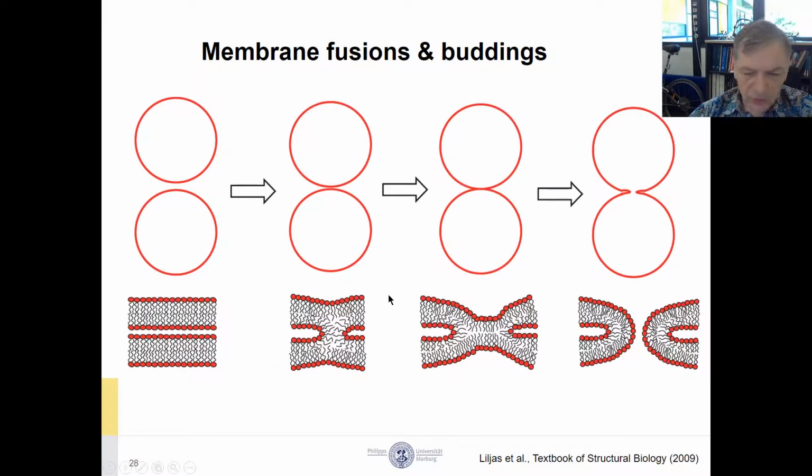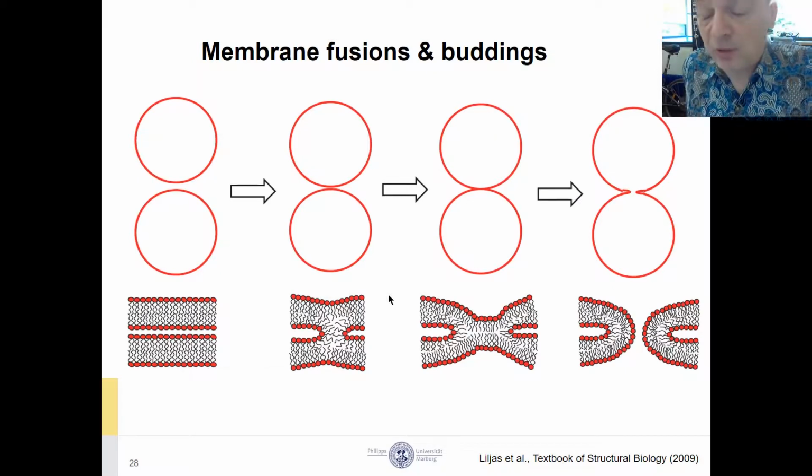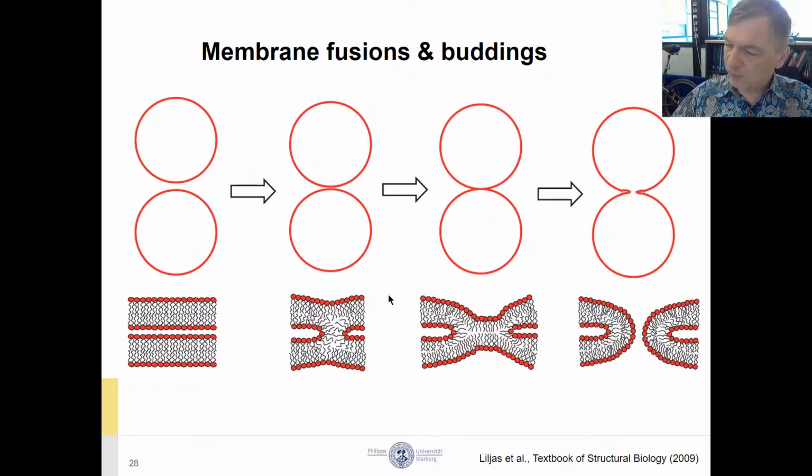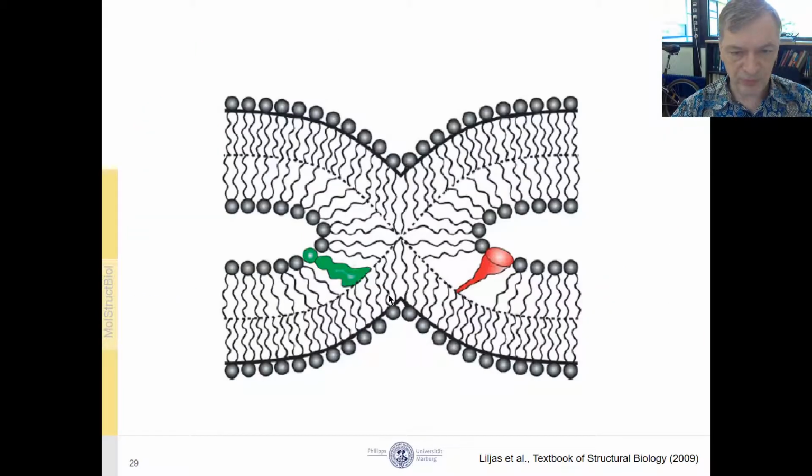Actually, we also just recently started to work on this a little bit, because there has been some interest in how this vesicle transport machinery has evolved in eukaryotic organisms, because many parts of the proteinaceous machinery have been discovered in archaea, and we have also discovered something that may be relevant for this process.